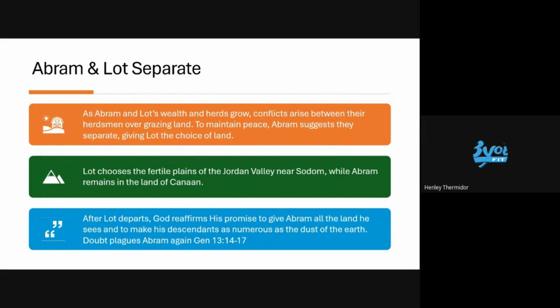God is trying to tell Abram that, and in this dialogue from verses 14 to 17, Abram is hearing God, but he's not hearing God. He's like, yeah, I hear you. But the person who was going to be my descendant, who I was going to give all my stuff to, I just sent off to live in the Jordan Valley.